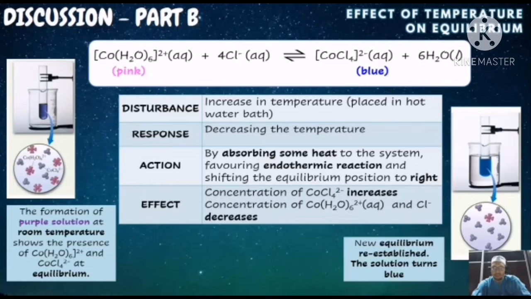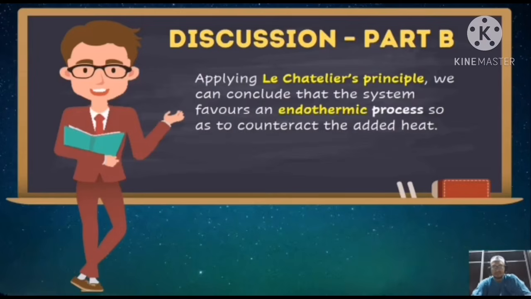So, a new equilibrium is re-established and the solution turns blue. Applying Le Chatelier's principle, we can conclude that the system favors an endothermic process so as to counteract the added heat.